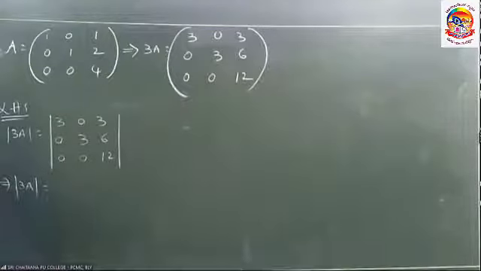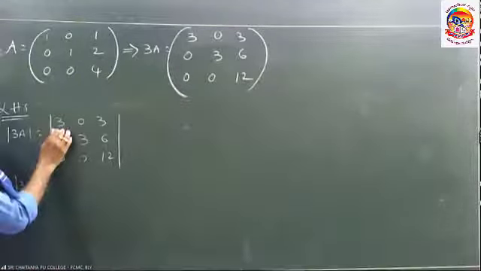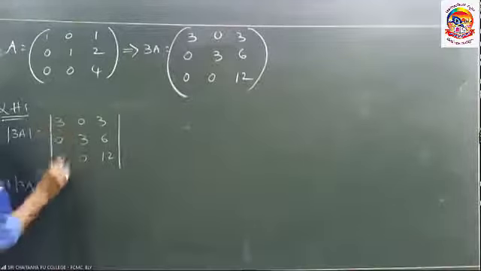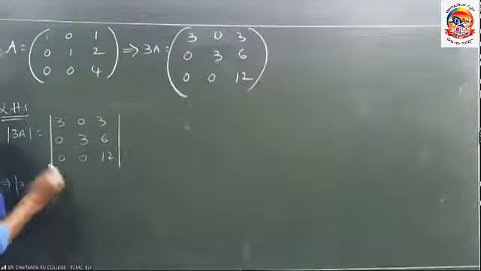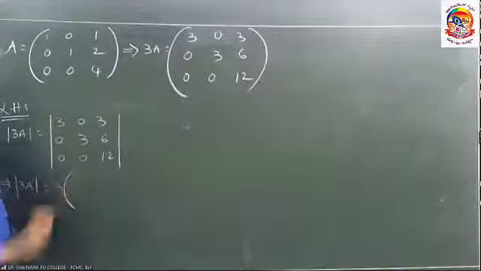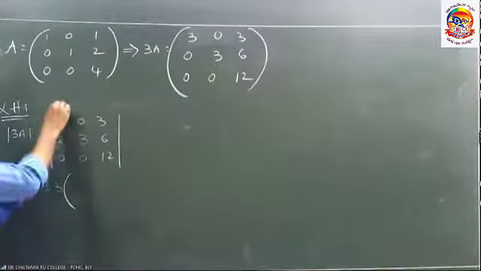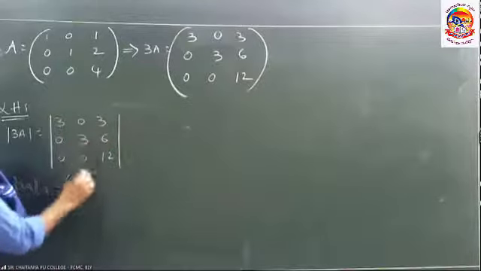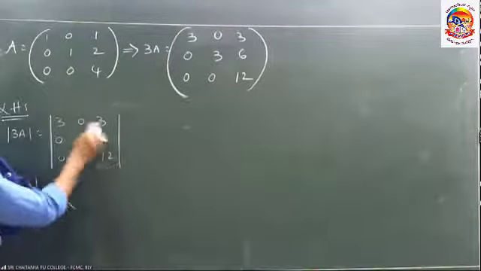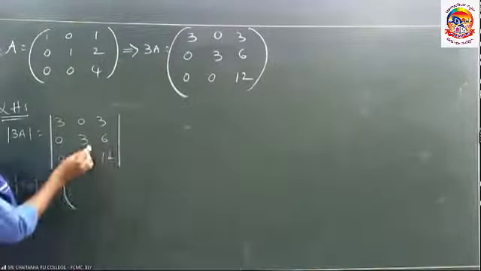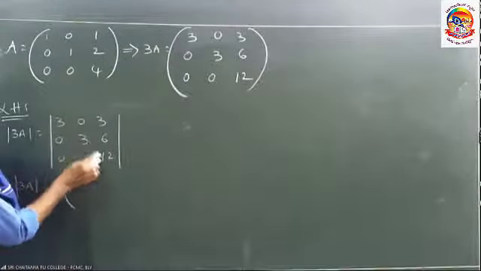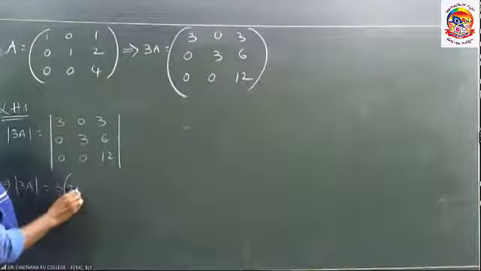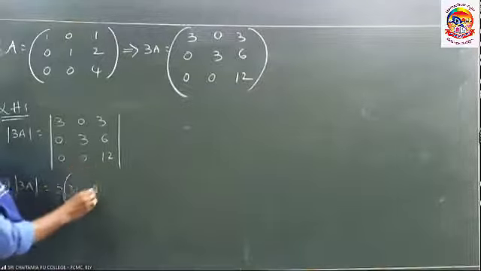Observe, I am repeating yesterday's method. This element 3 into, excluding this column and this row, you will have these 4 elements, right? Find the det of this. 3 into 12 minus 0.